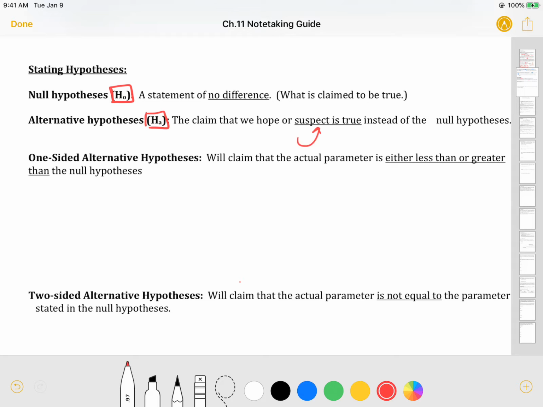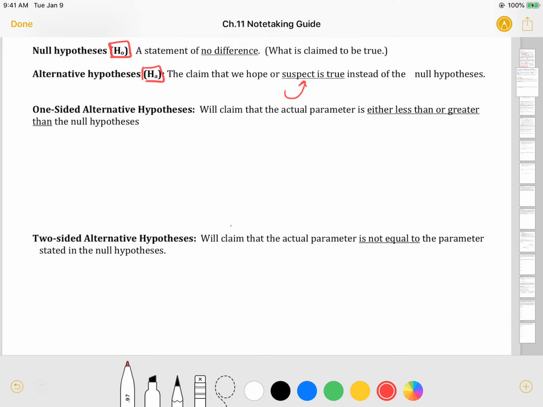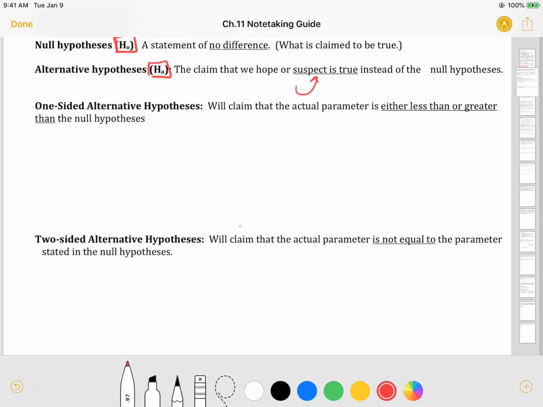We're going to use the basketball example to set up some hypotheses. There are 2 types of alternative hypotheses: a one-sided alternative hypothesis and a two-sided alternative hypothesis. Let's use the example of the free throw shooter.